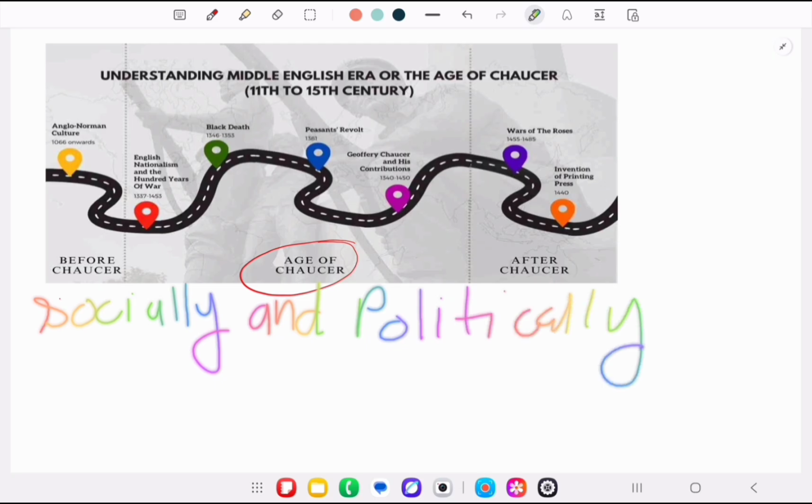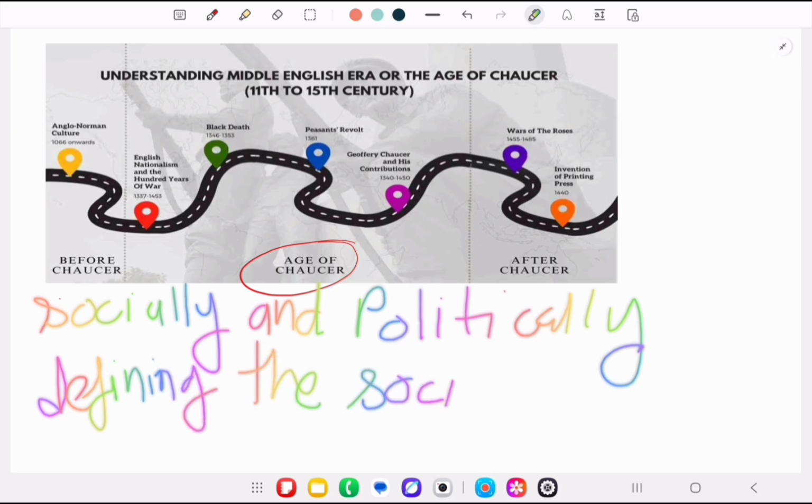The French language became the language of the ruling class and the administration, whereas English remained the language of the common people, thus defining the social strata.